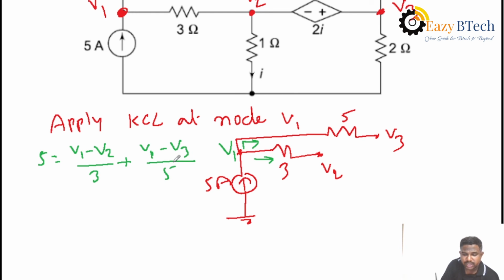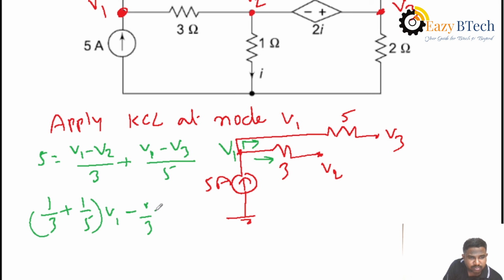These are the equations. Then simplify: (1/3 plus 1/5) V1 minus 1/3 V2 minus 1/5 V3 equals 5.